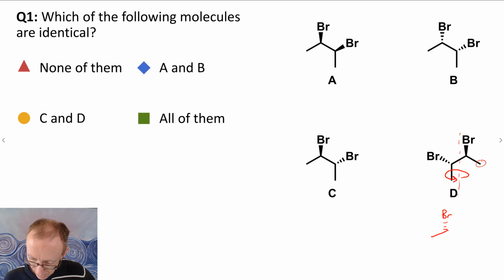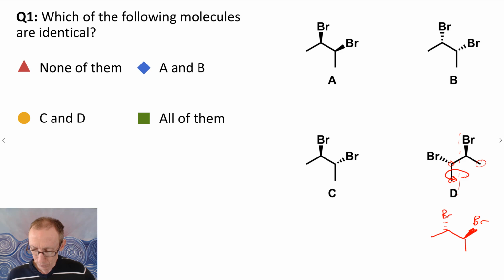And then we're going to go down to this atom here, and the bromine that was into the page or behind the page is now going to be coming out towards us. So that's going to be up like that, a wedge bond, and then our final atom is down here, that final carbon atom.